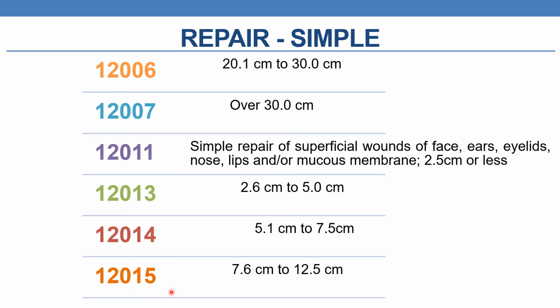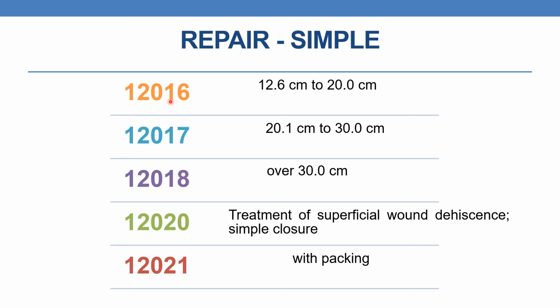Here the repair length is 7.6 centimeters to 12.5 centimeters. The next is 12016. Here the repair length is 12.6 to 20 centimeters. The next is 12017. Here the repair length is 20.1 to 30 centimeters. The next is 12018. Here the repair length is over 30 centimeters. The next code is 12020. Treatment of superficial wound dehiscence, simple closure. The next is 12021. Treatment of superficial wound dehiscence, simple closure with packing.